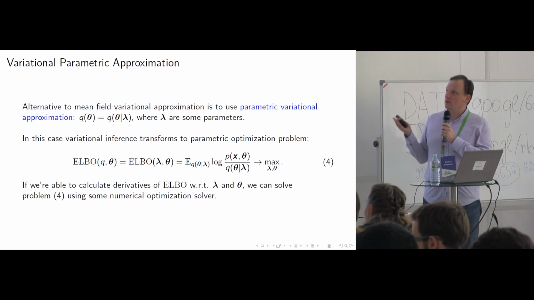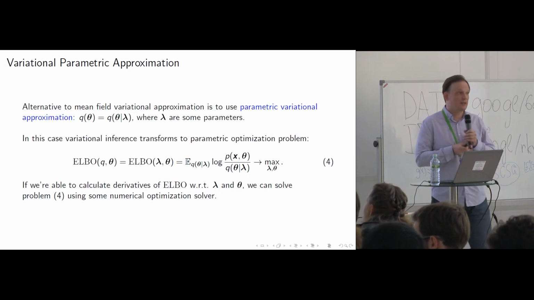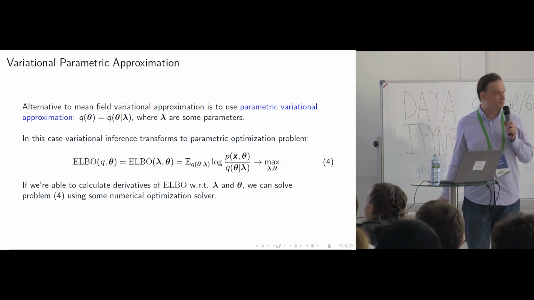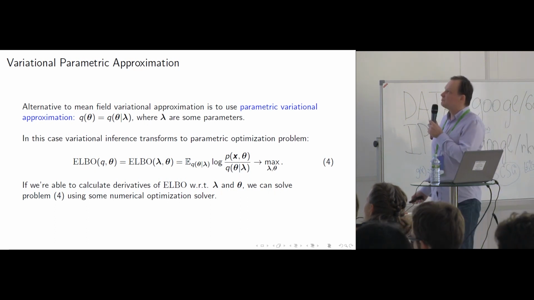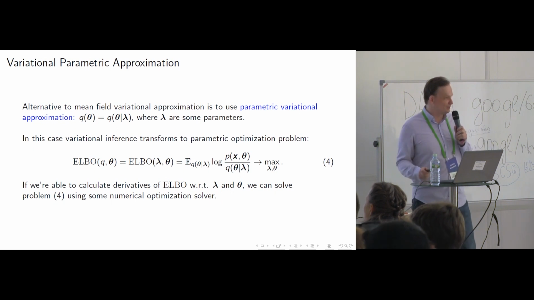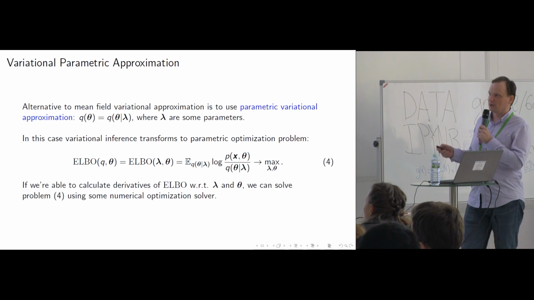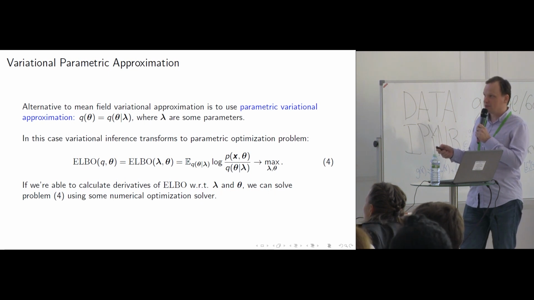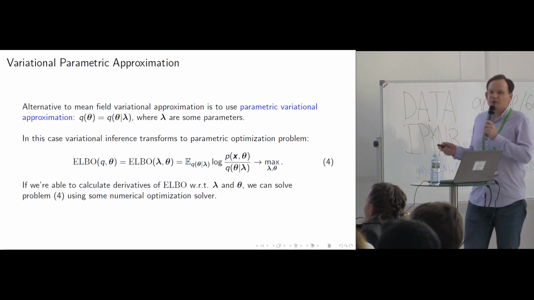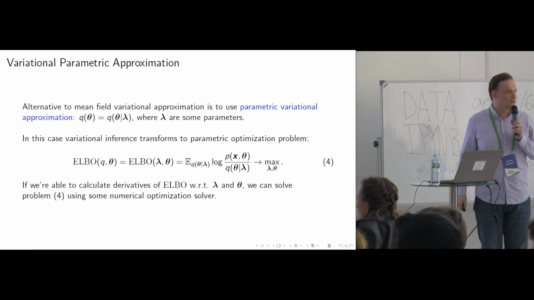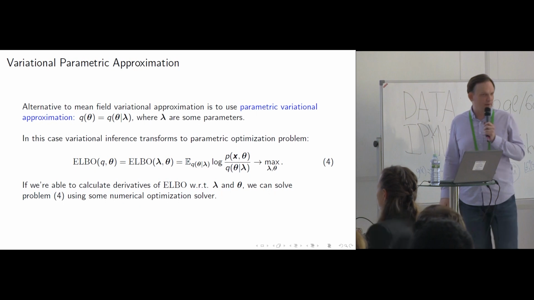And in this way, we can consider the second family for big Q of simple distribution, which is called just a parametric variational family of distributions. So we say that our variational approximation is just taken from some parametric distribution, say from a multivariate normal distribution with some unknown mean and covariance matrix.